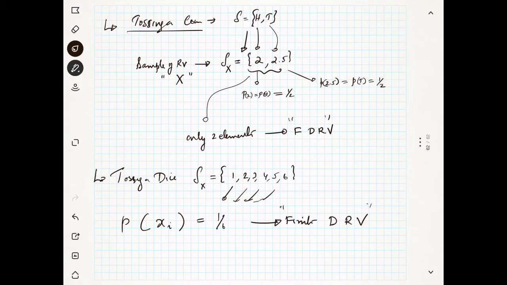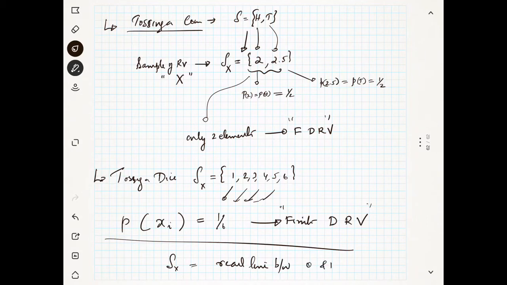But if your sample space X is a real line between 0 and 1, what is the meaning? You have an infinite number of points between 0 and 1. Is it possible to assign a natural number to each point?